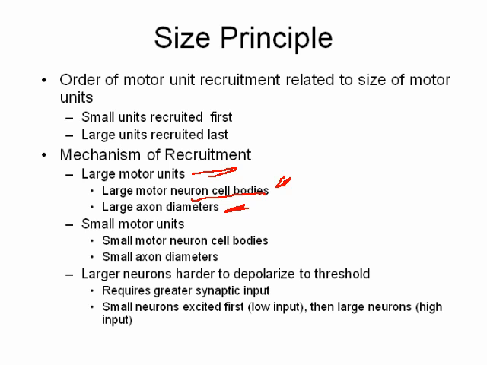The size of the cell body is going to control how easy it is to depolarize the cell membrane of the neuron and cause an action potential to be discharged. Small motor units have small motor neuron cell bodies and small axon diameters. The larger neurons are harder to depolarize to threshold.